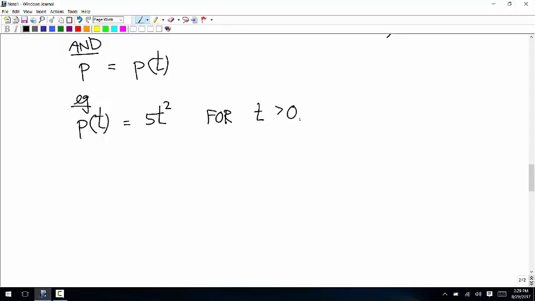Okay. And, you know, you've seen functions like that before. The idea here is that with this function, we have an infinite number of coordinates where we have a time and a corresponding location of the object we're tracking.